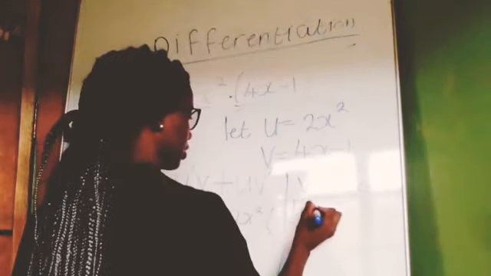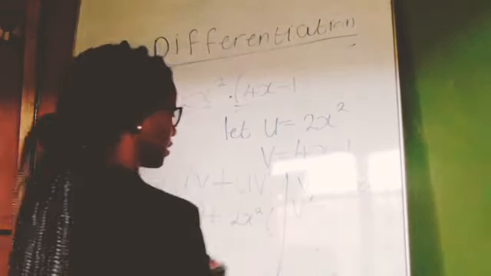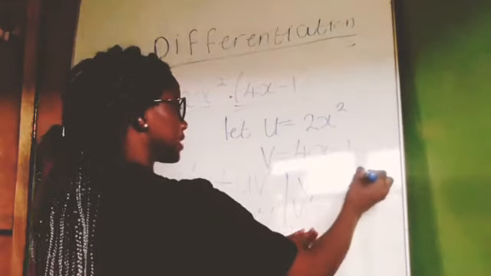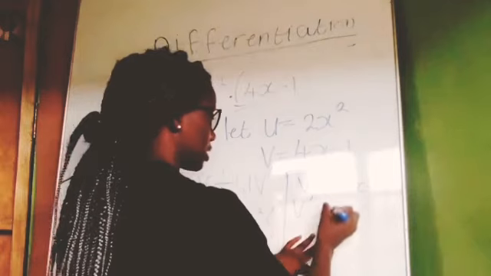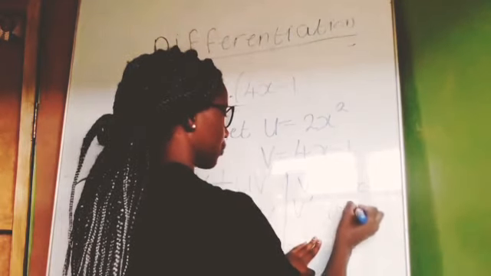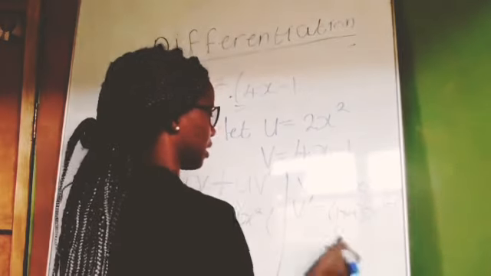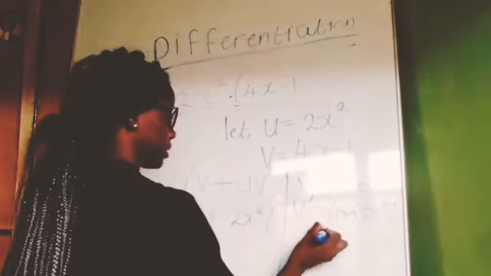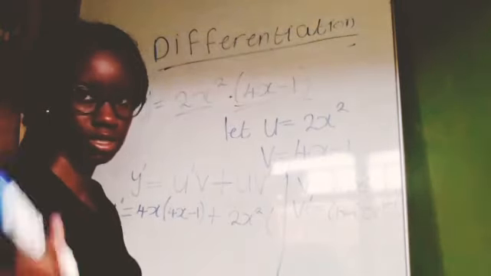So v prime, which is just the derivative of this. So x is the same as x to the power 1. So we're multiplying the power times the coefficient, 1 times 4. x, the power reduces by 1, 1 minus 1. Minus 1 is a constant, and the derivative of a constant is always 0.